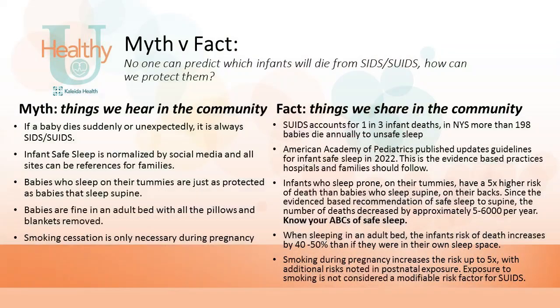One of the other things that we talk to families about is smoking cessation. People think as long as they stop smoking during pregnancy, the babies won't be affected. That's not always the case. I've been a pediatric nurse for more than 30 years, and smoking around your kids, whether it's vaping, e-cigs, whatever the vice, is really harmful to your children and their development along their stages and milestones.